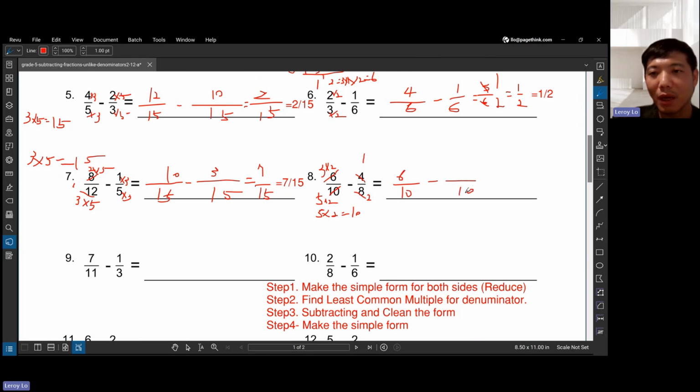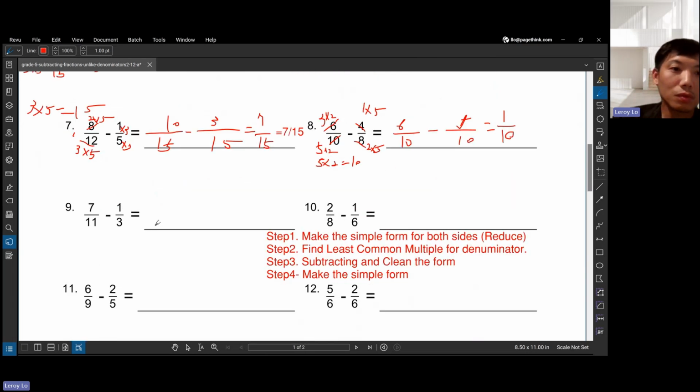So we know the denominator is 10. We need to make it equal in order for us to do the subtractions. So 2, how to get to the 10? We times 5. 1, how to get to the 10? We times 5. So it will be 1 over 10. So that's the answer for number 8.